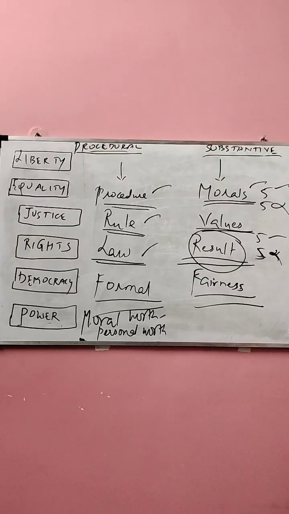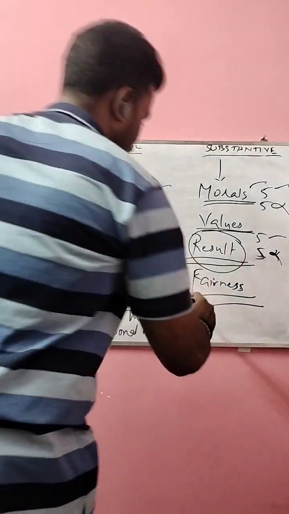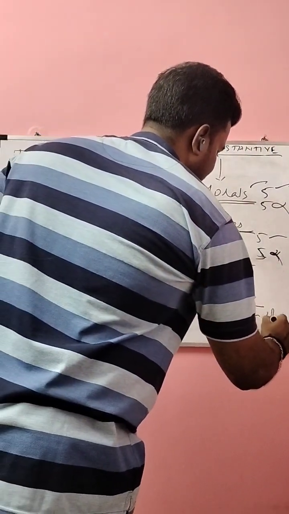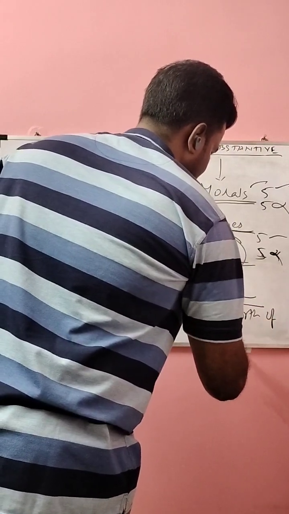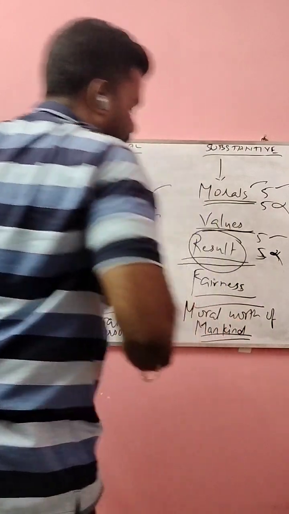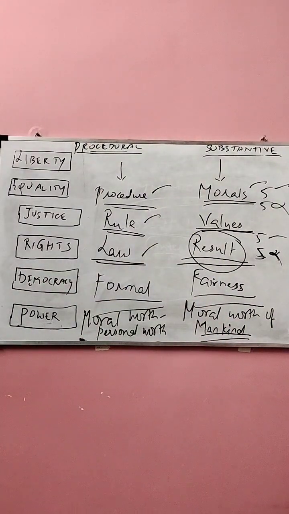So did Aristotle. On the other hand, substantive takes into account the moral worth of mankind itself. Mankind as a whole is treated as a moral entity. You got it?